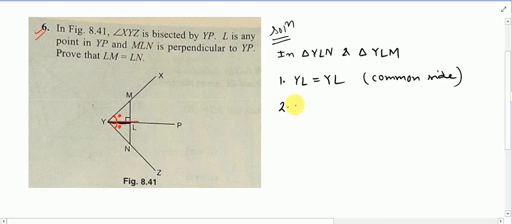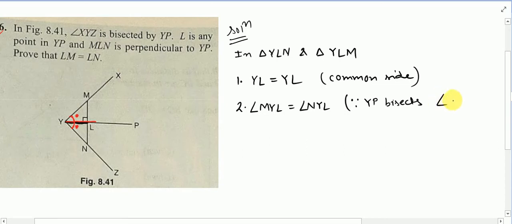So I can write angle MYL is equal to angle NYL, since YP bisects angle XYZ. Because this line YP is bisecting this whole angle, that's why these two will be equal.